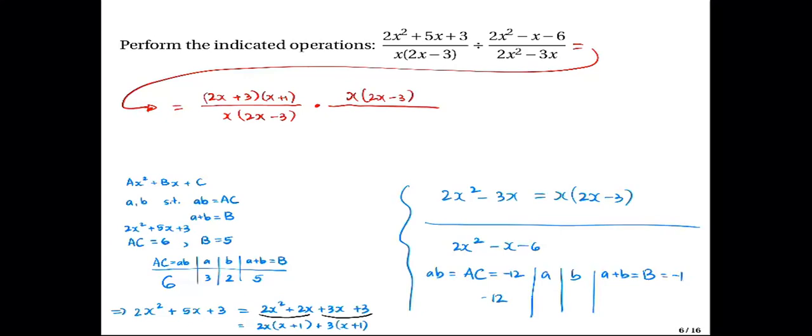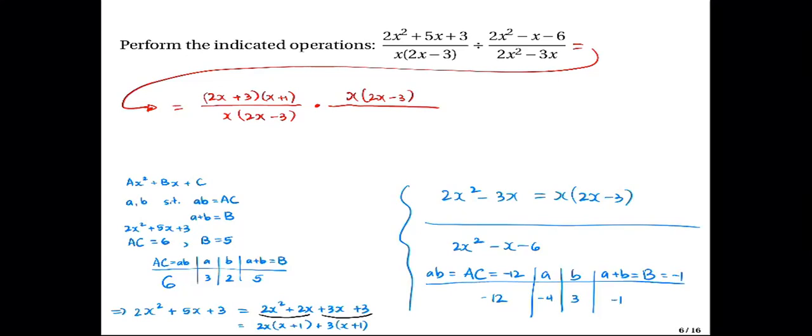And let's choose the correct pairing immediately. So this is negative 4 and 3. Negative 4 times 3, that's negative 12. And then negative 4 plus 3, that's negative 1.